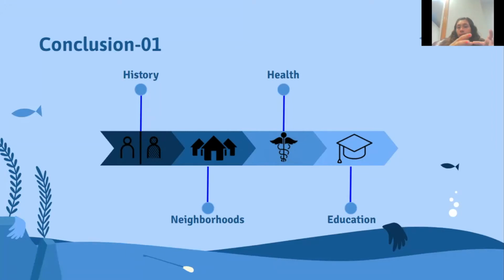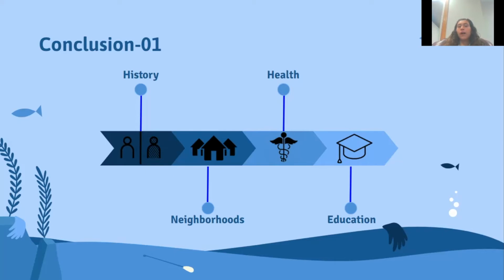Like there's a Hispanic community in Chicago. There's a place where it's mostly made up of Hispanic individuals, and then there's another place that's mostly made up of African American individuals. And we've seen how history has caused these segregations, and these segregations have caused people to live in certain neighborhoods, and those neighborhoods have impacted their health.